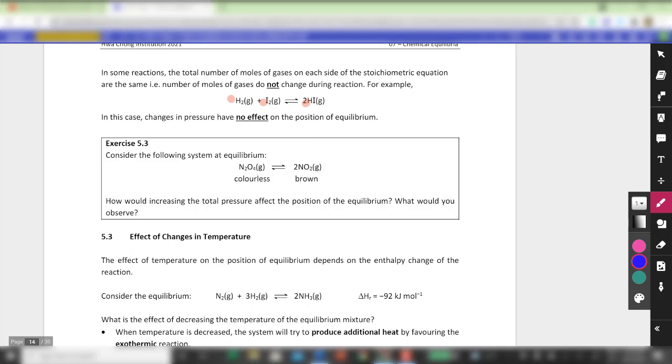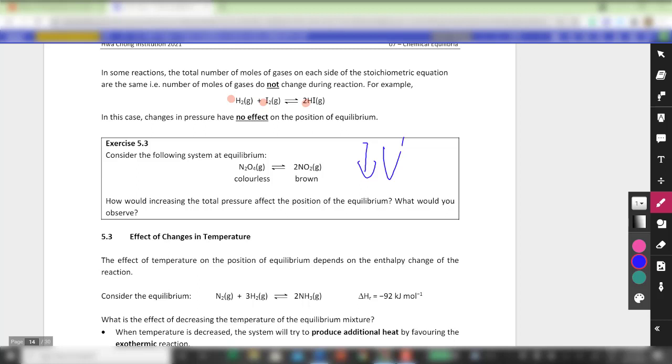How do I actually increase the total pressure? Most likely that's related to changes in the volume. So I decrease the volume. If I decrease the volume, the total pressure will go up.